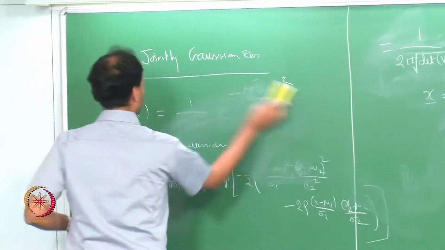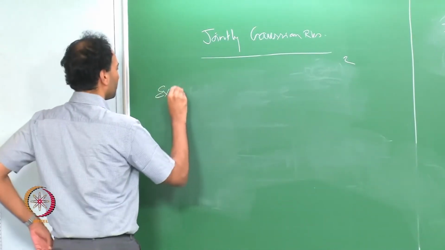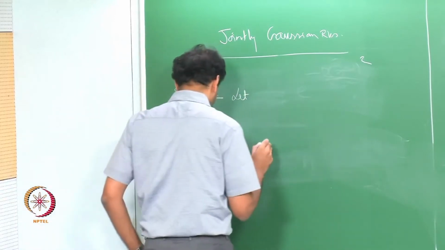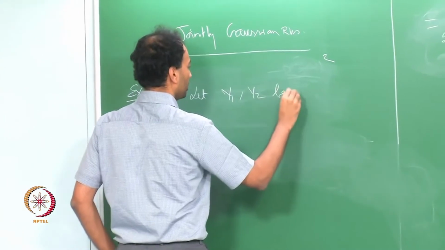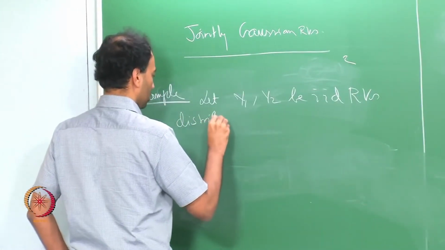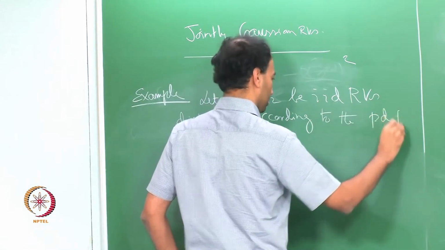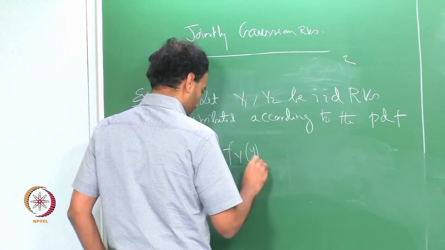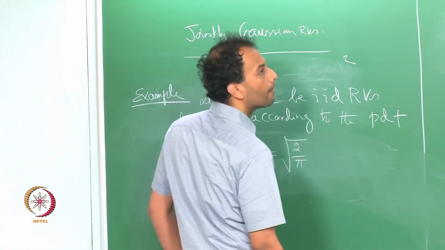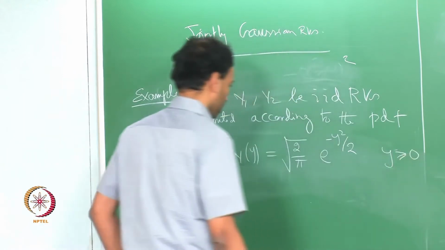Let us say, here is an example. Let y1, y2 be IID random variables distributed according to the PDF f_Y(y) equal to square root of 2 over pi, e to the power minus y squared over 2, for y greater than or equal to 0, and 0 otherwise.